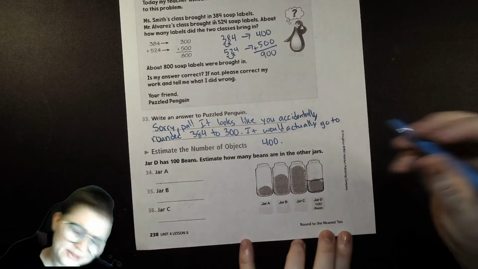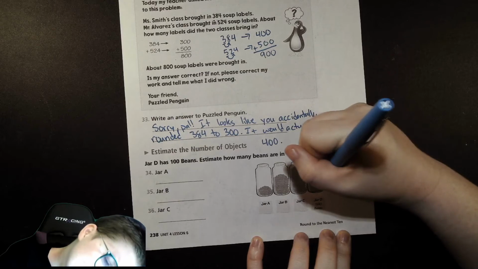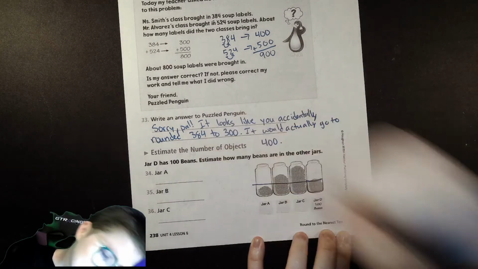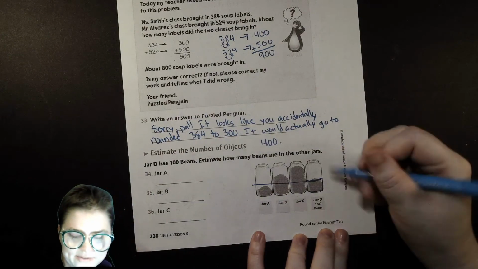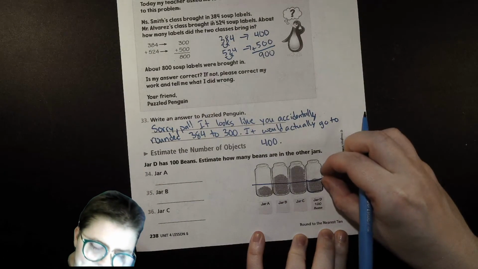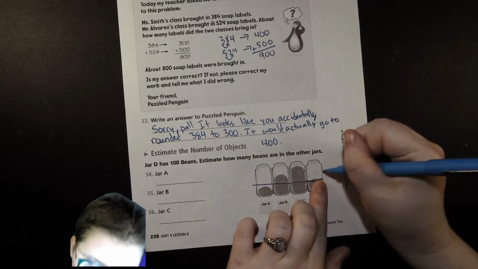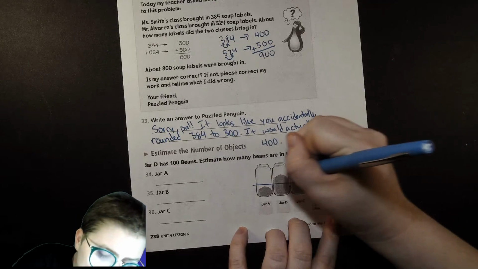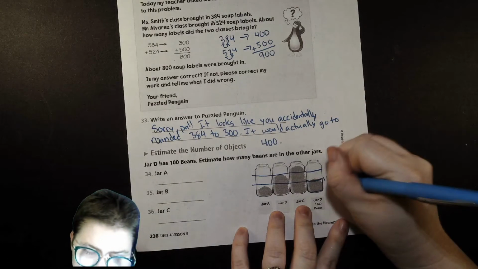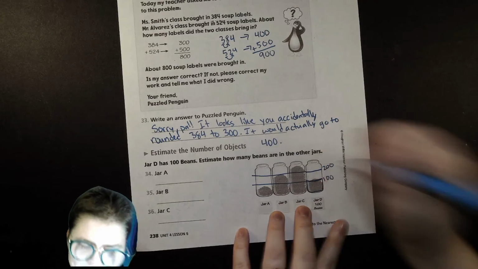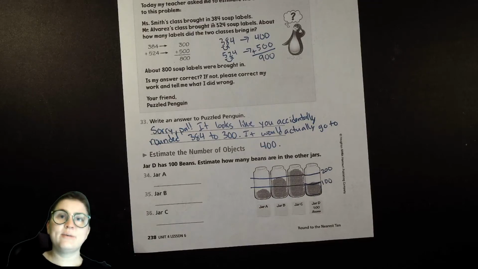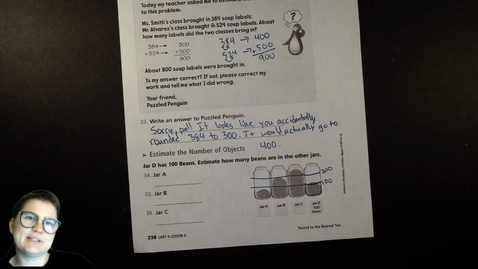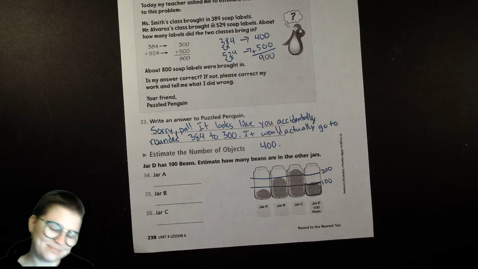So what I'm going to do is I'm going to draw a line across all of those, and then I'm going to take my fingers and see what double that would be, which would be about here maybe. So if this is 100 and that's 200, now I have a pretty good way to visualize these amounts. So go ahead, put down your estimates, and we'll see if we get something similar.